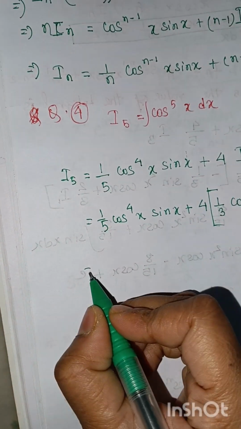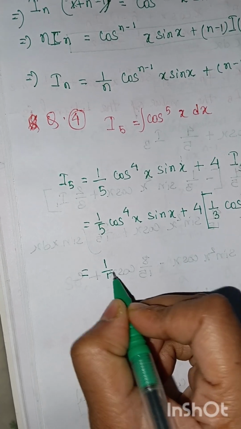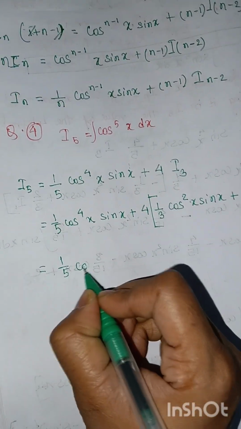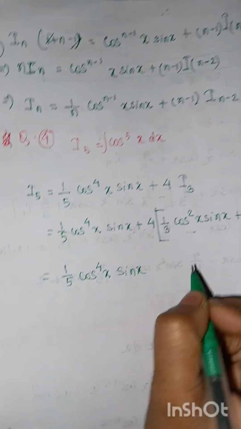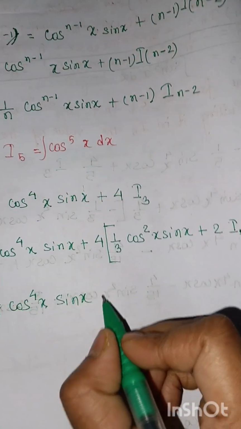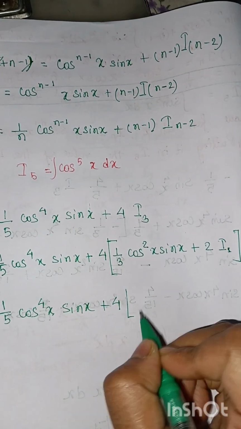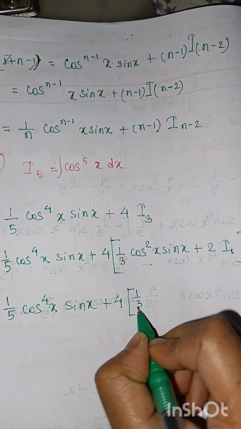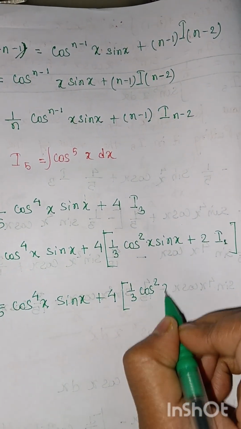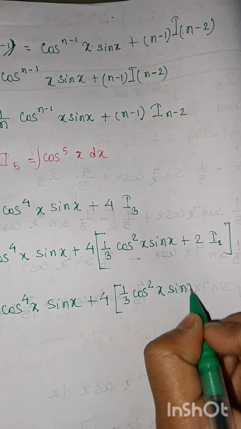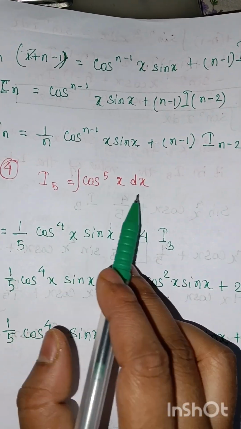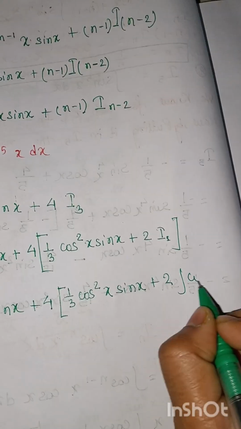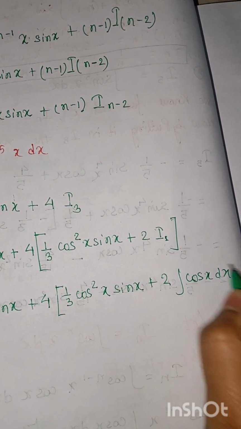Again simplify the equations. 1 by 5 cos to the power 4 x sin x, plus 4 times 1 by 3 cos square x sin x plus 2 I1, and I1 is equal to the integral of cos x dx.